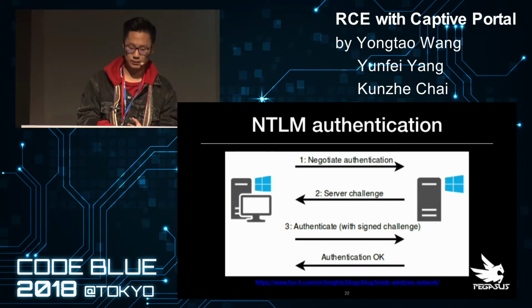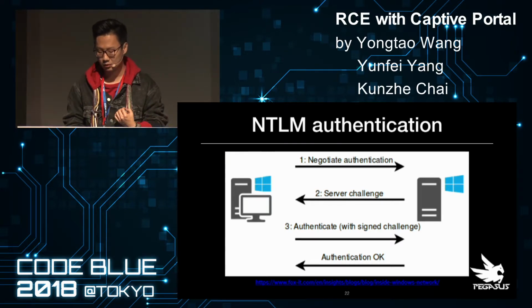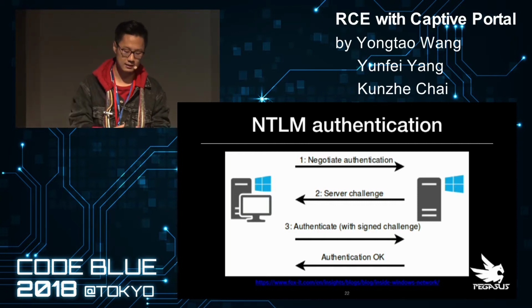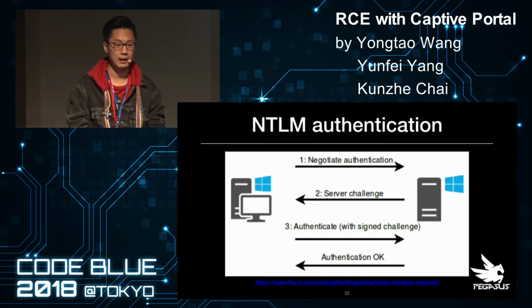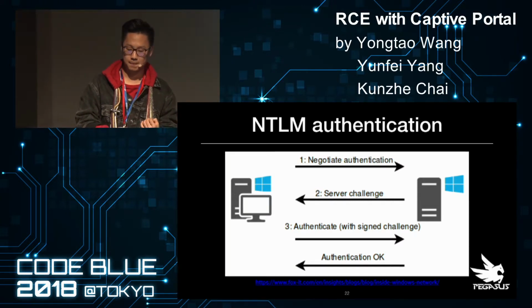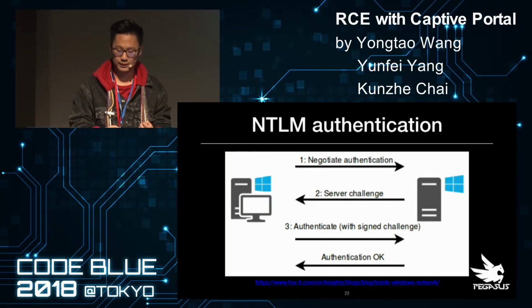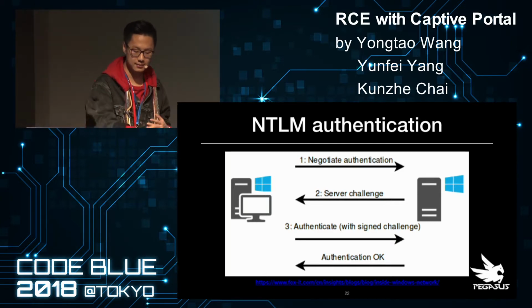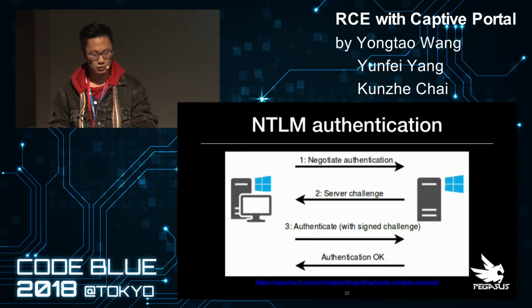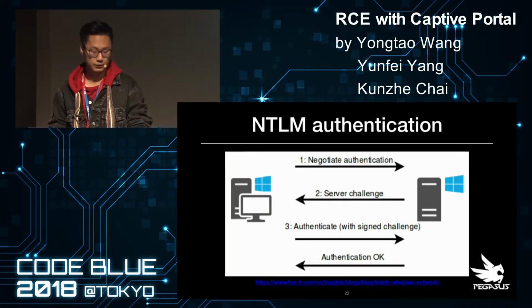The first step is the negotiation: the client sends a request for authentication to the server, including the NTLM versions accepted by the client. The next step is the server challenge: the server responds with its own message telling which NTLM version is accepted and which features it wants to use. This message also includes a challenge value.